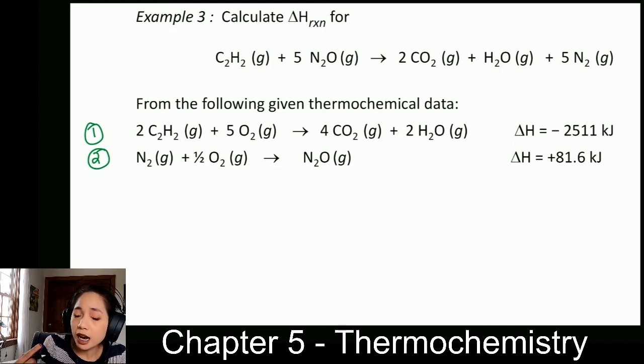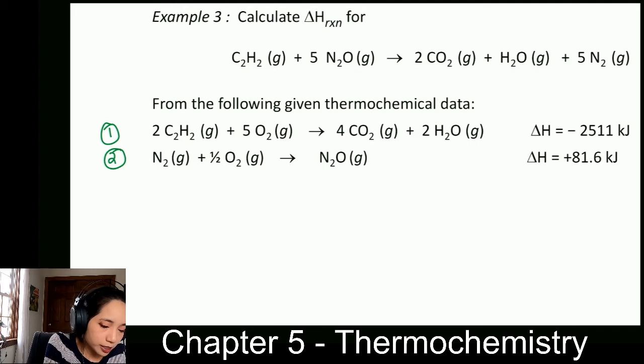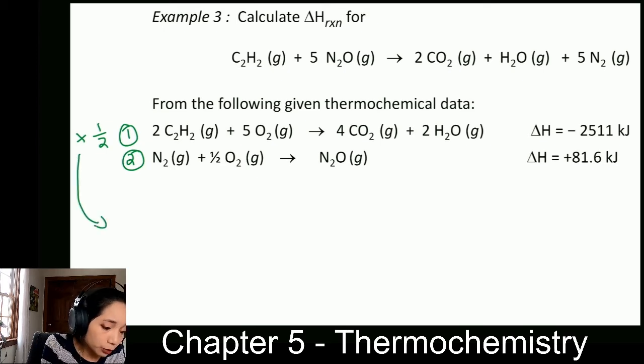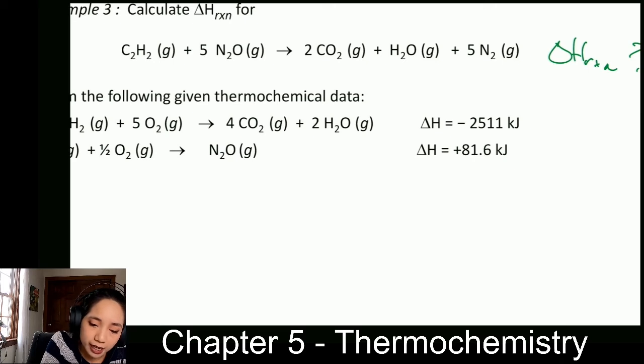So that means that I have to divide all of the coefficients by 2. So I'm going to do that. So in step 1, I'm going to multiply by 1/2 or divide everything by 2. And I'm going to rewrite it because I like to see all the coefficients and see how they cancel out. So if I divide step 1 by 2, I also have to do the same thing to the delta H value. So I just want to remind myself to do that.